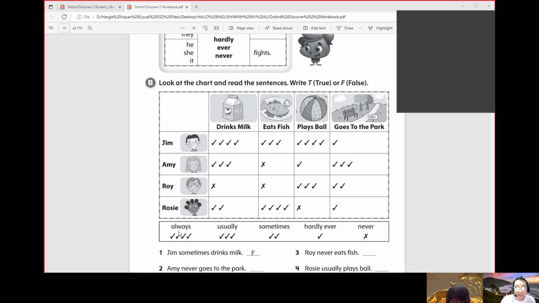Words such as always, usually, sometimes, hardly ever, and never are all adverbs of frequency. Now, look at this particular chart: how we use the words always, usually, sometimes, hardly ever, or never.